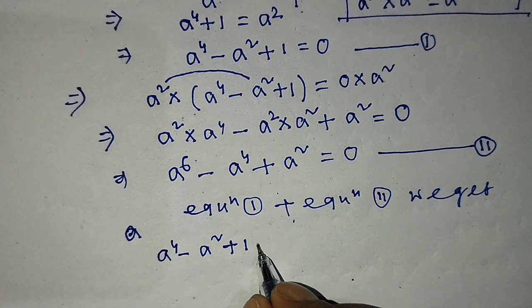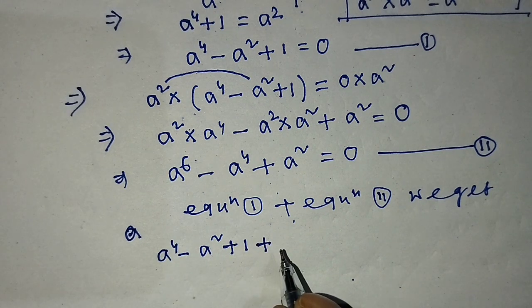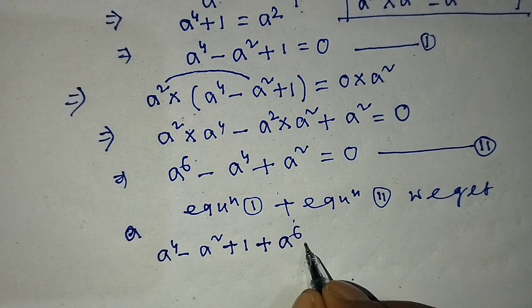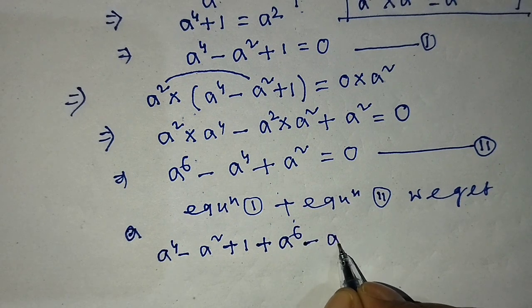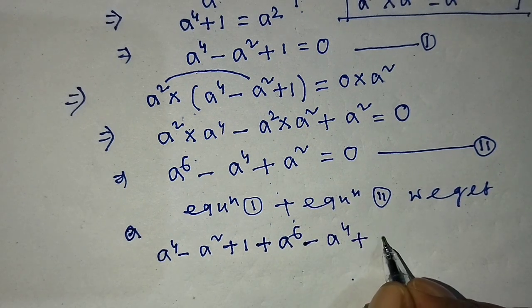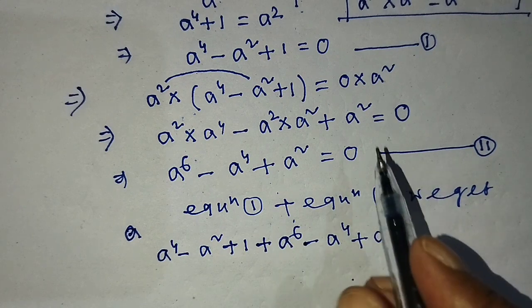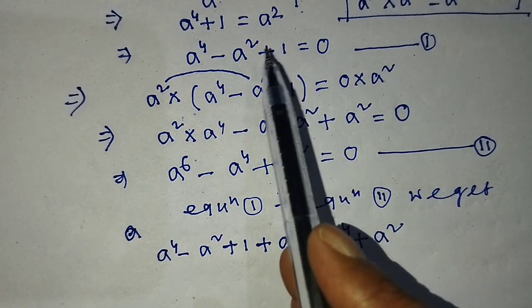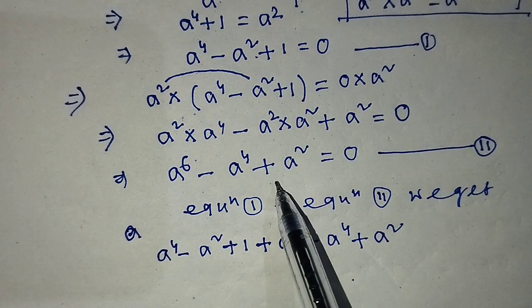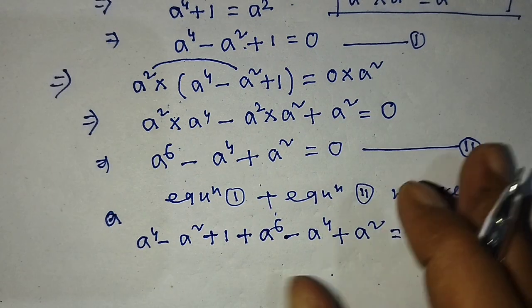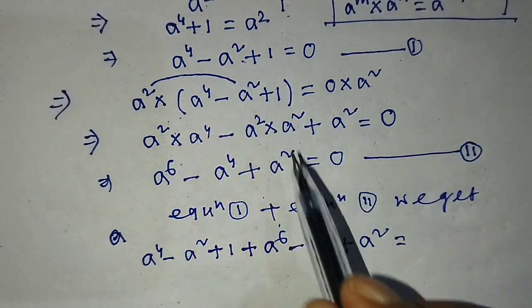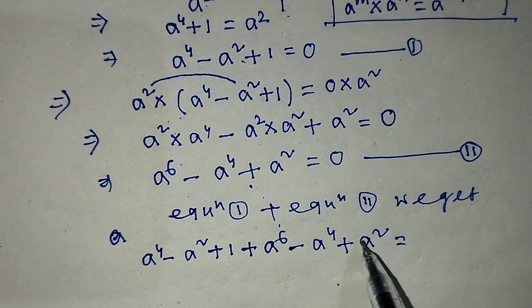So we have to add LHS plus LHS, so we have to write in here a to the power 6 minus a to the power 4 plus a square. So my dear student, we have to add LHS plus LHS of both equations, then you get this type of terms.